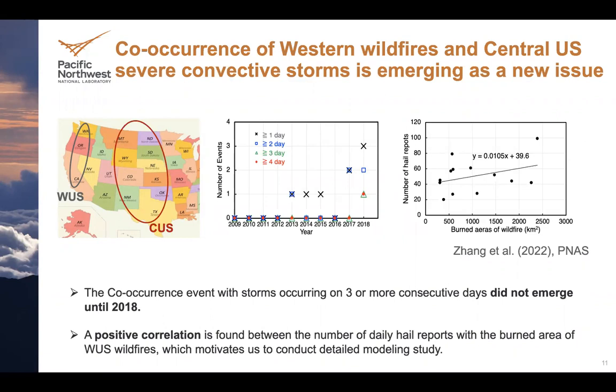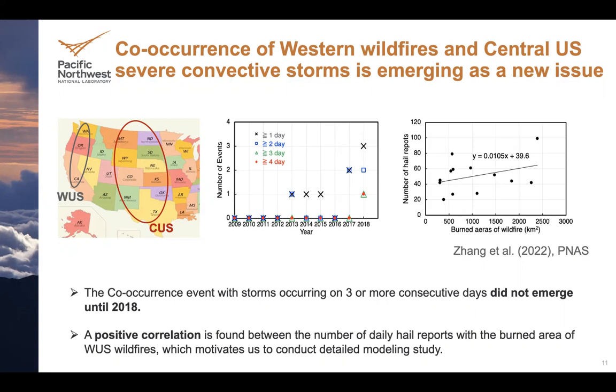What we find is that concurrent events, with storms occurring on 3 or more consecutive days, did not emerge until 2018, which means not until recent years can we see these two events emerging at the same time.